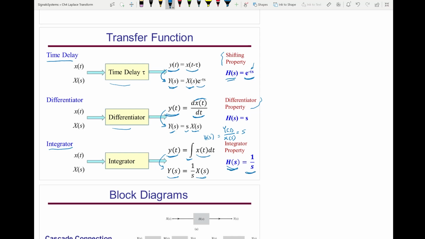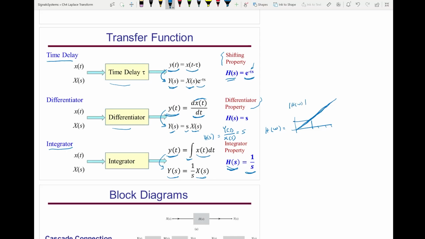If I want to find the frequency response, h of omega, for a derivative, it looks like this. So as the frequency increases, the output increases. So a signal with noise will give you a huge output because the signal will be amplified by its frequency. That's the amplification.